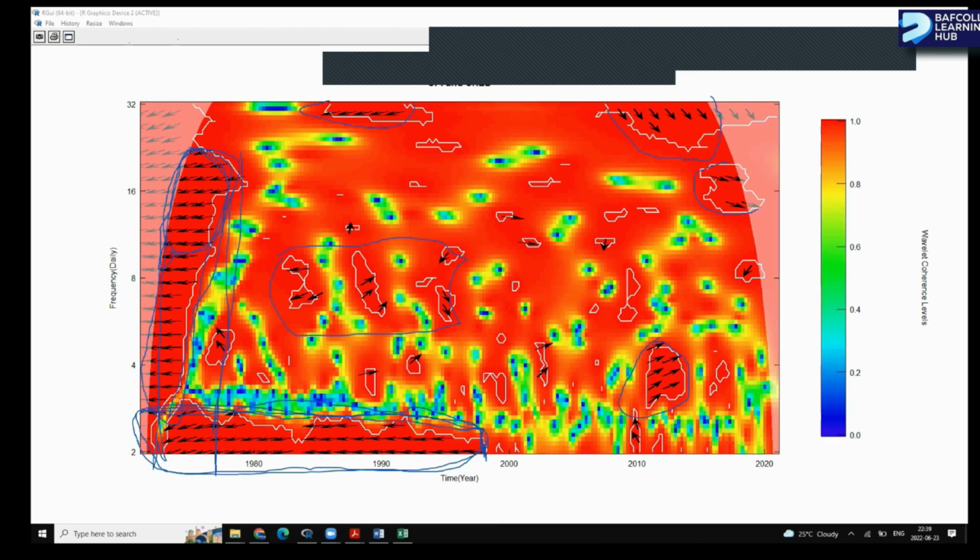Realize that they are in phase, but now credit is leading instead of CPI. That's the same thing here. Credit is leading instead of CPI between the years about maybe 2009. So here credit is leading and they are in phase.